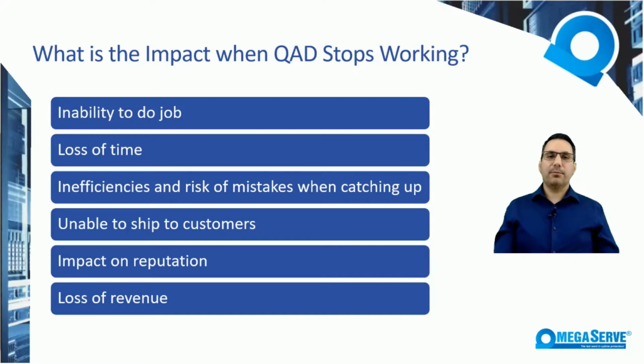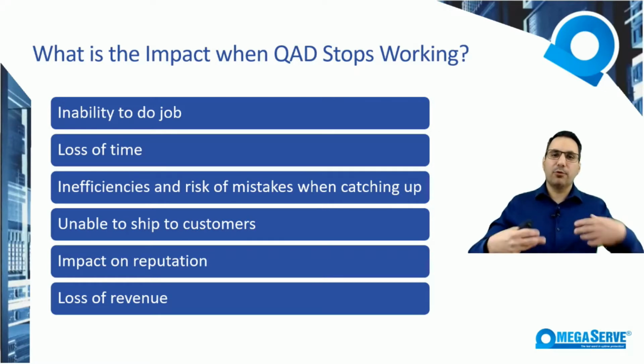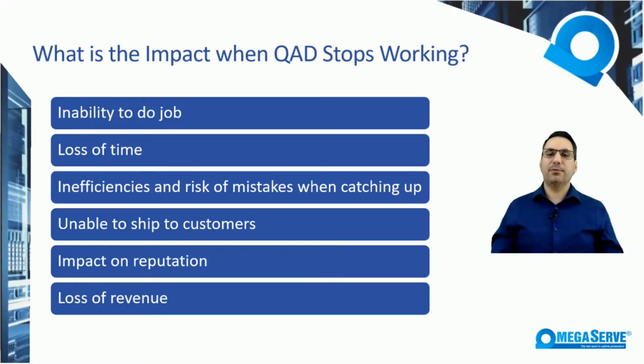So here's some of the things that can impact QAD when it stops working. People can't do their job. Users can't log into QAD. There's loss of time. And once the system comes back up, everybody is just rushing to redo their work, and that adds risk of mistakes. And of course, they're unable to ship to customers. It can affect the bottom line.